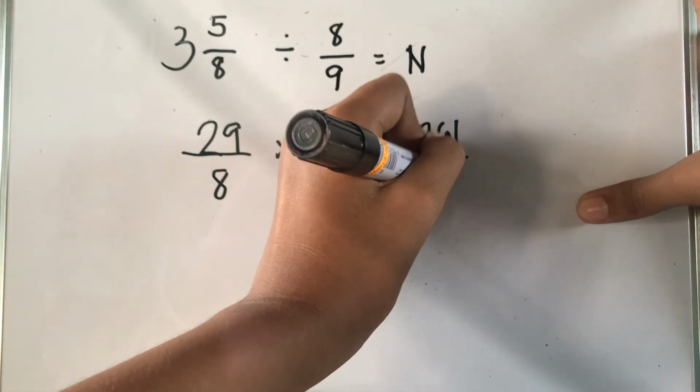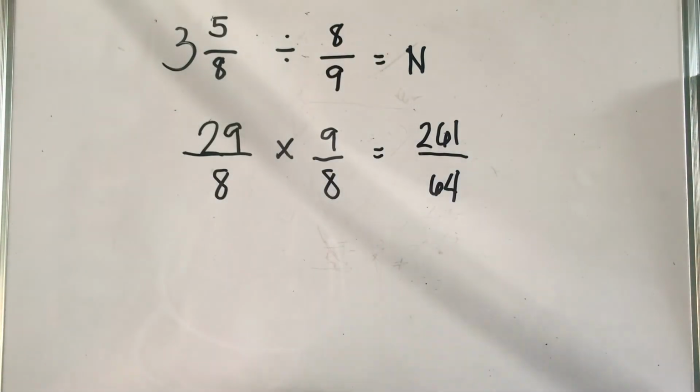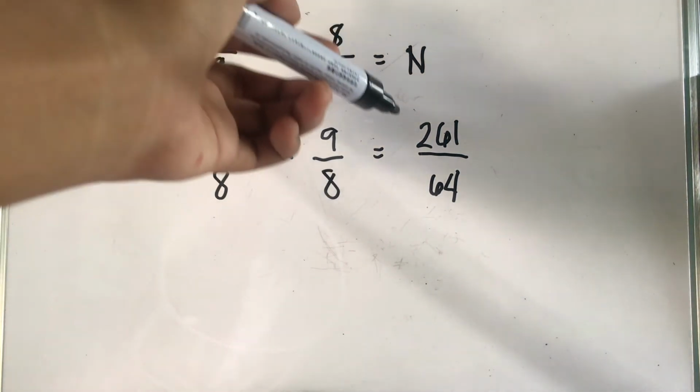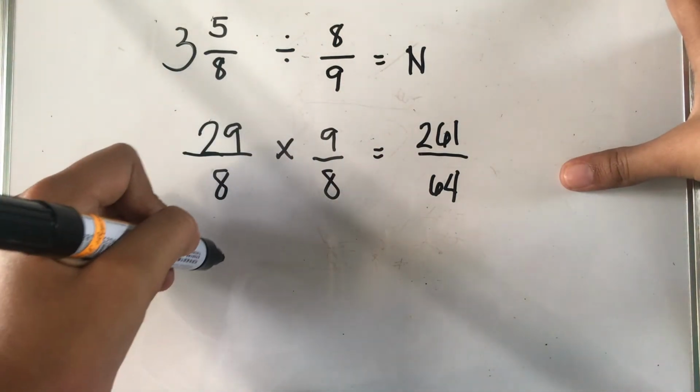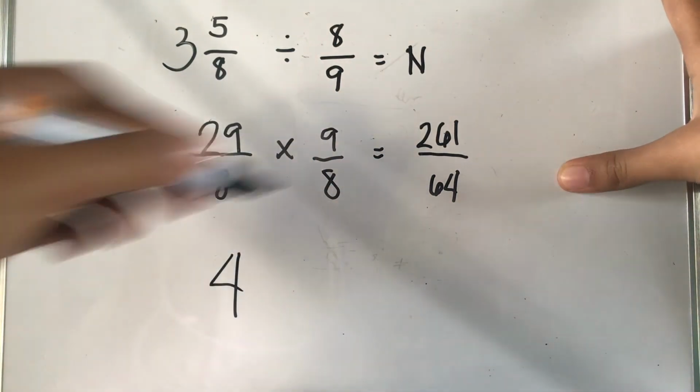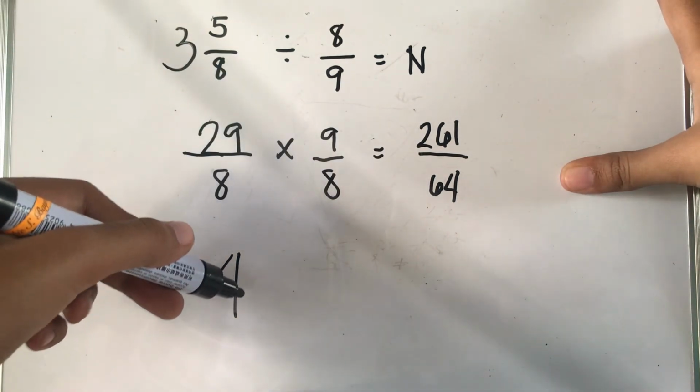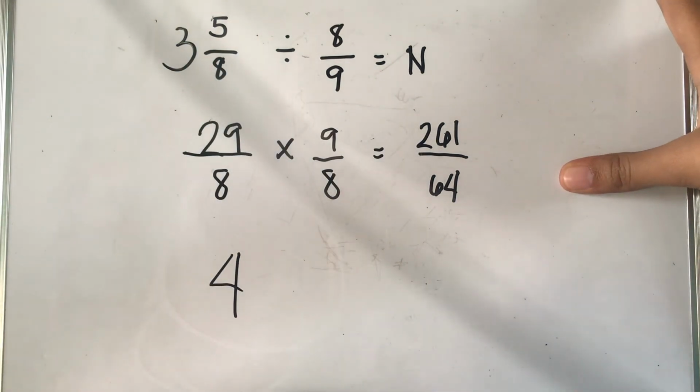This is quite a huge number and an improper fraction, so we will change it to the lowest term. 261 divided by 64 equals 4. And then 4 times 64 equals 256.